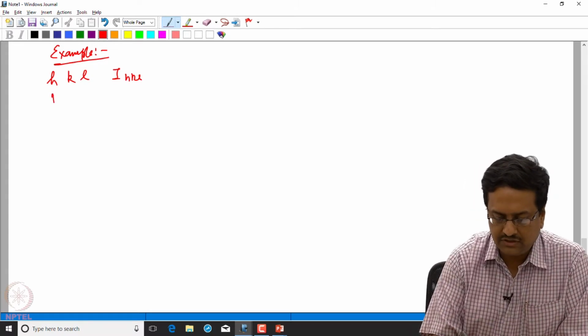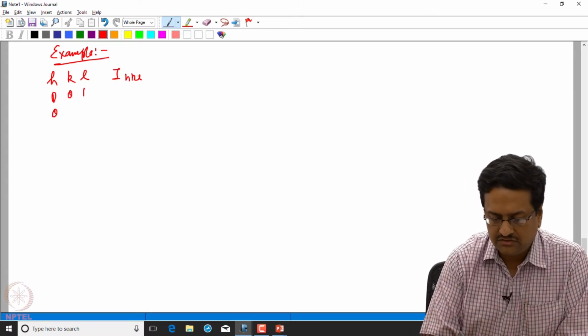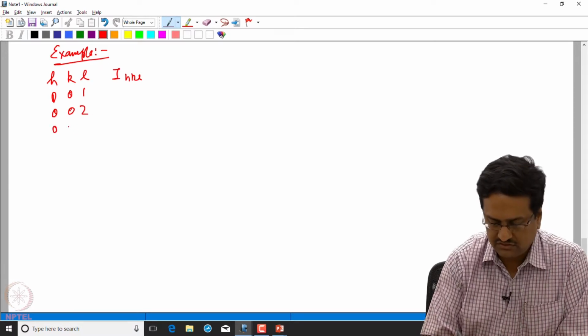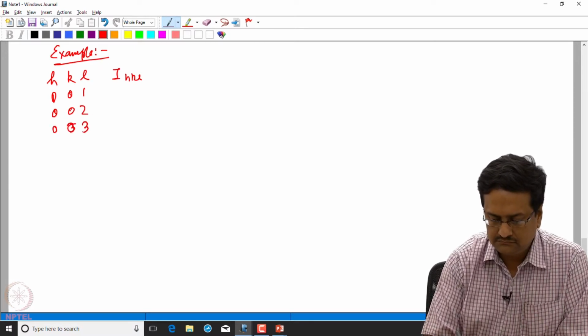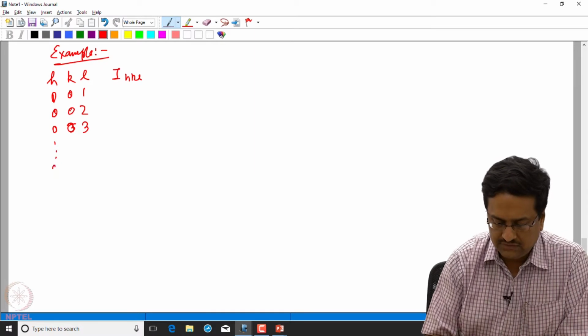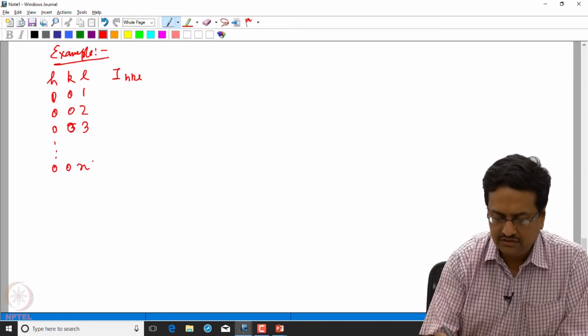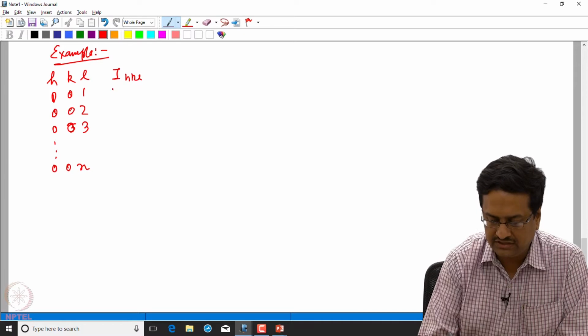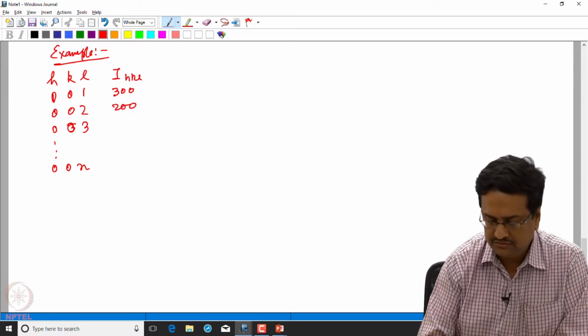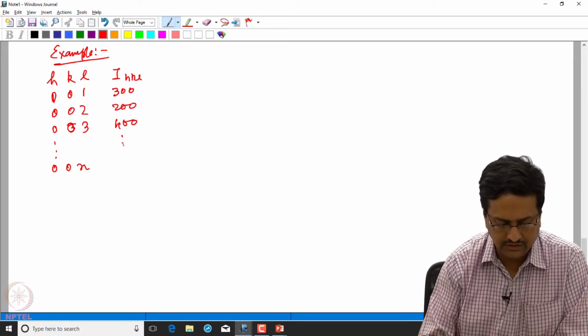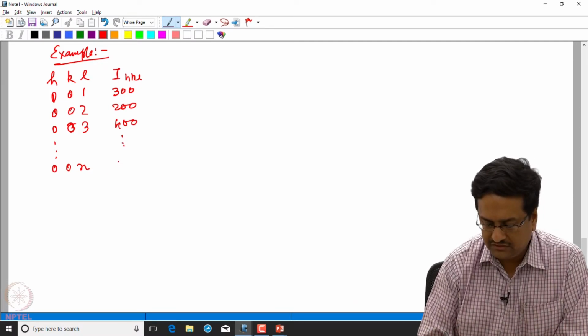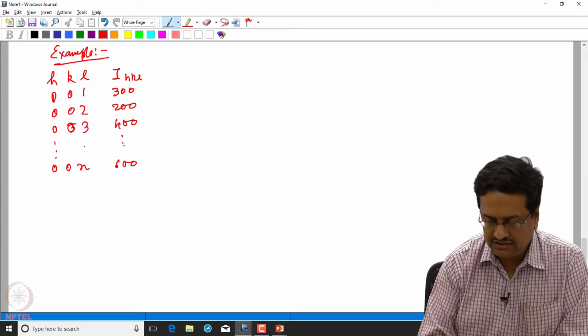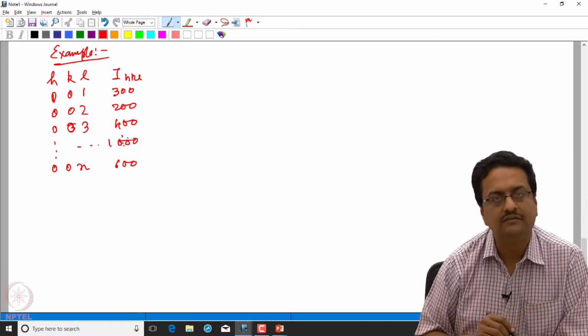We have numbers for 001, 002, 003 and so on, reflections up to 00n. The values may be something like, for example, 300, 200, 400, like that. This may be 600, somewhere in the middle the maxima may be 1000 and so on.